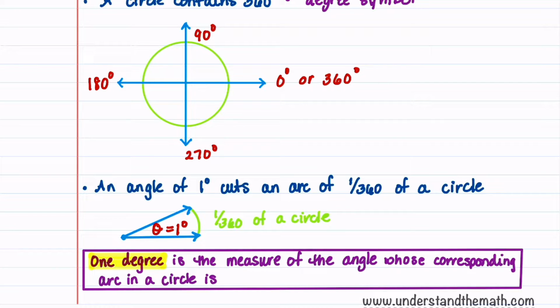We can now precisely define what 1 degree is. 1 degree is the measure of the angle whose corresponding arc in a circle is, and let's go ahead and write this down, 1 over 360 of the circumference of a circle.